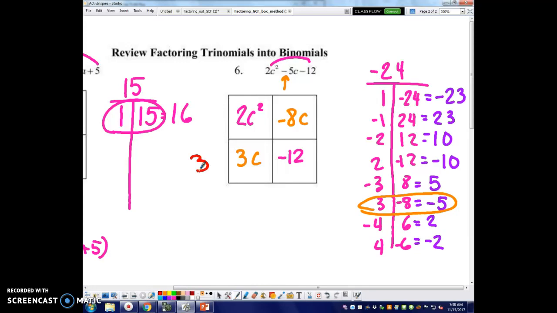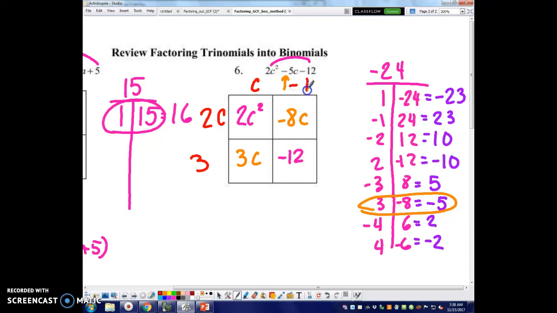Nope. Okay, so what can you divide both of these by? 2. Anything else? They both have a c, so you can pull out a 2c. Now we can just figure out, 2c times what will give you 2c squared? c. And then 3 times what will give you negative 12?